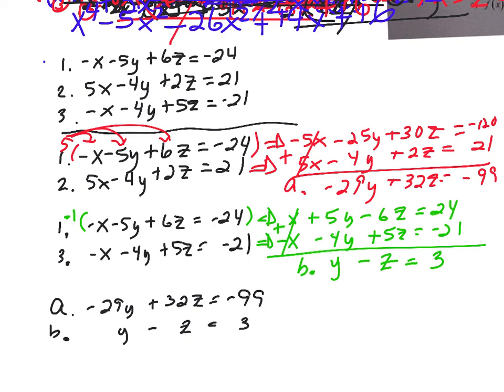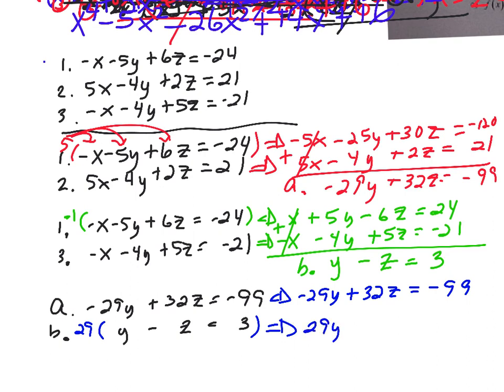So now we want to eliminate one of these variables. I'm going to multiply the bottom one by 29. This way I'll eliminate the y. So rewrite the first one, because I'm not doing anything to the first one, to A. Now distribute the 29, so it's 29y minus 29z, and then multiply 29 times 3, which is 87.